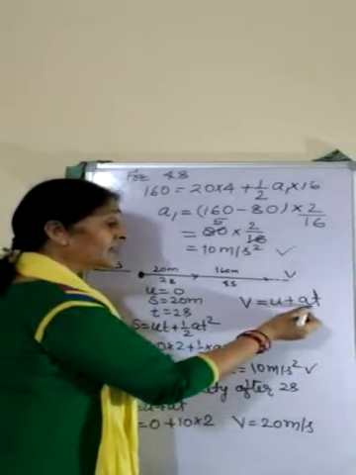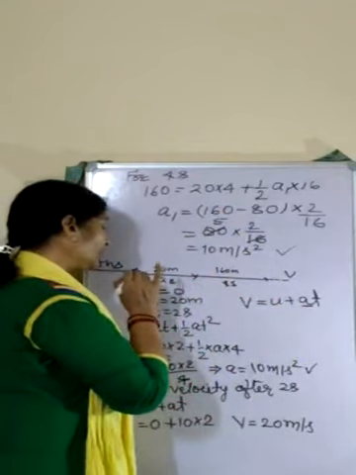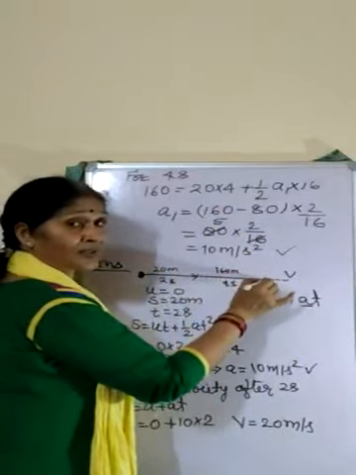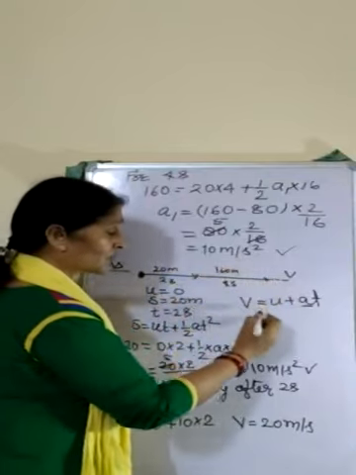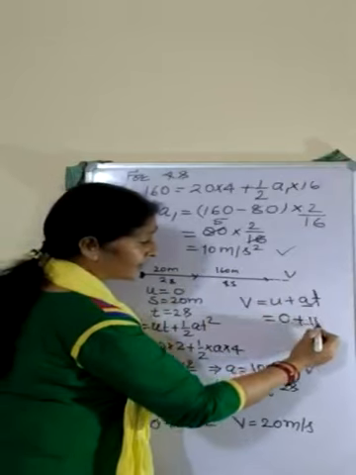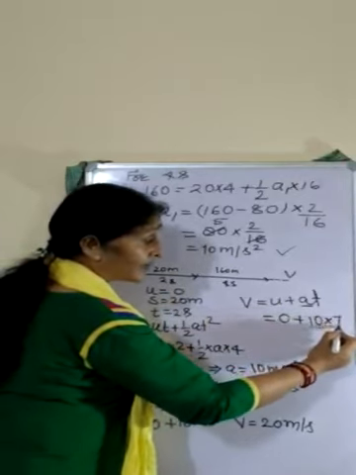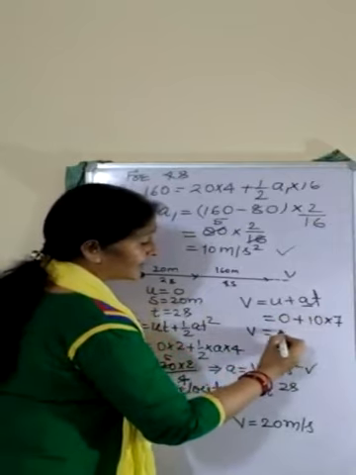So we will put the initial velocity 0, acceleration 10, and time 7. Therefore the final velocity after 7 seconds is 70 meter per second.